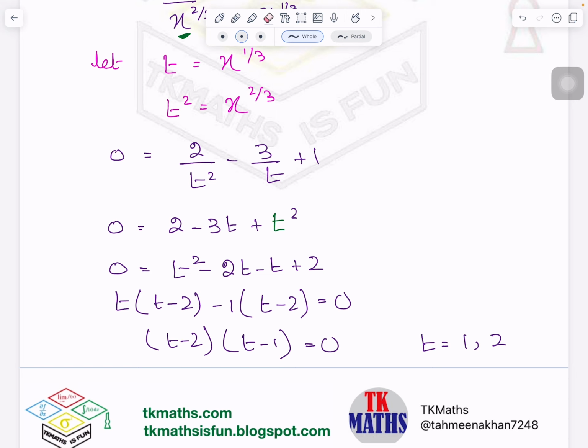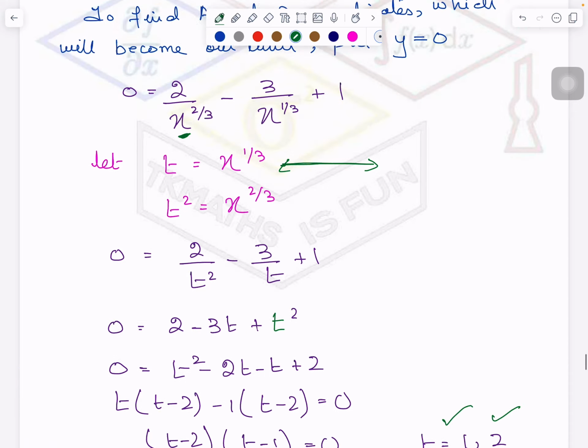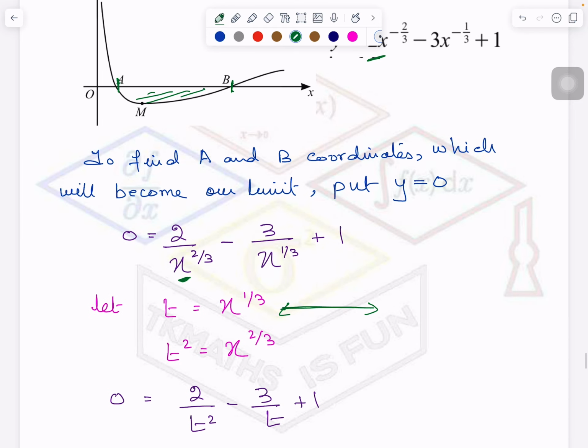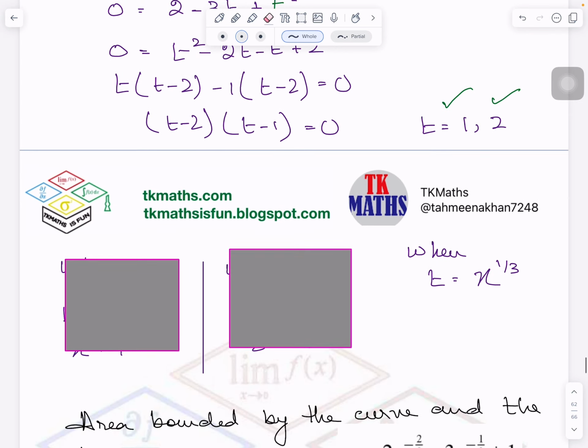But your target is not to find the value of t. Your target is to find the value of x. So you will go back to the substitution, substitute these values of t there and get the value of x. Why? Because these are the values of x from where the curve is passing through the x-axis here and here. They will become our limits when we find the area. Okay.